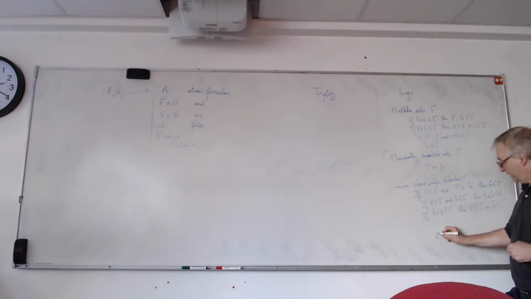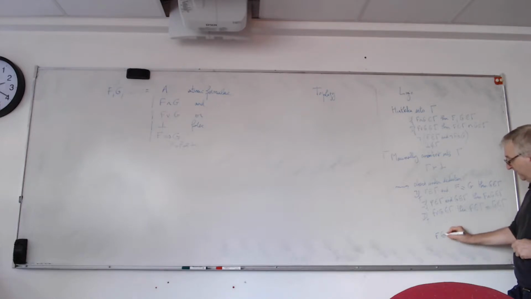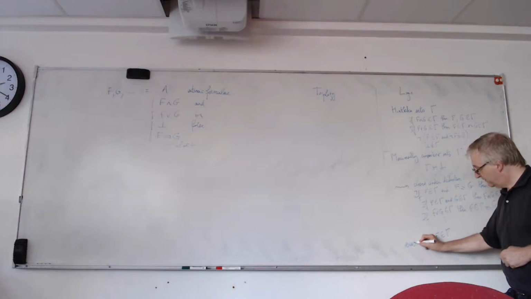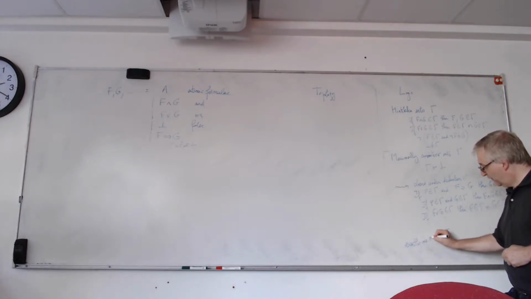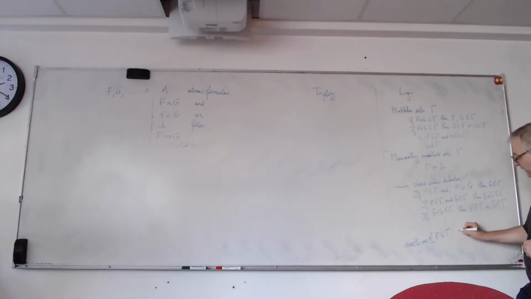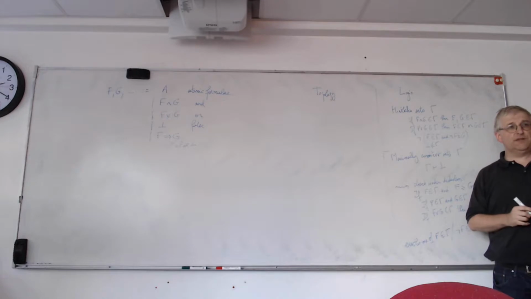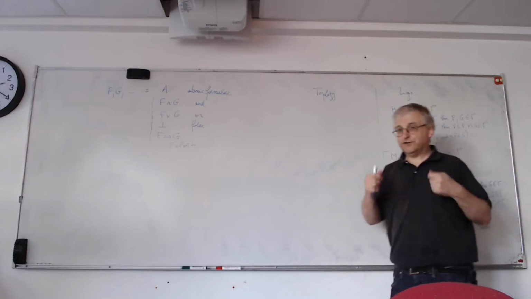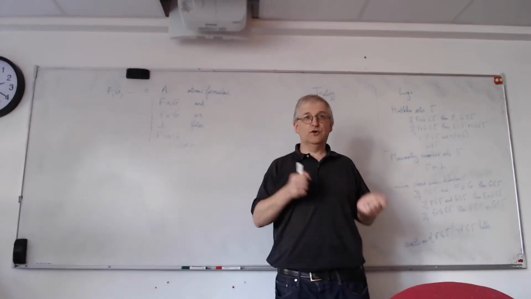So you have that for every formula, exactly one of F in gamma, not F in gamma, holds. And so in particular, if you look at atomic formulae, in your maximally consistent set, either you've got A or you've got not A, but not both.